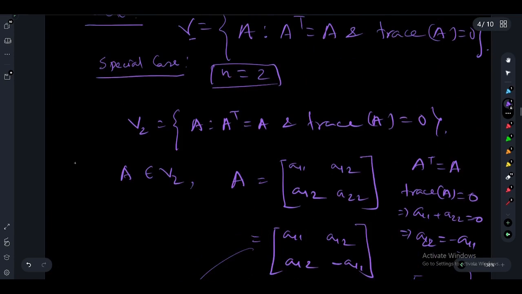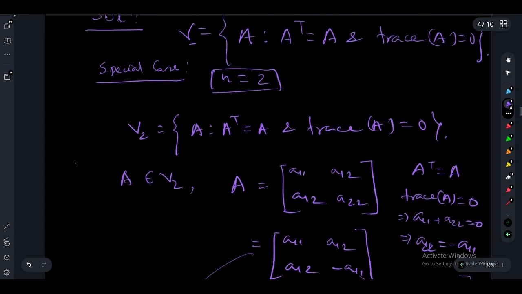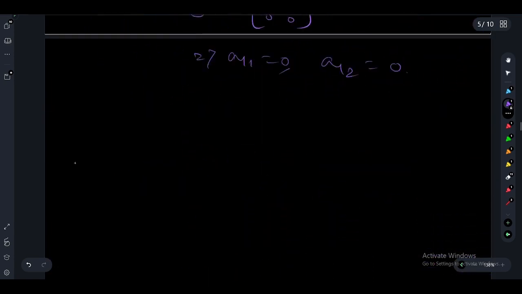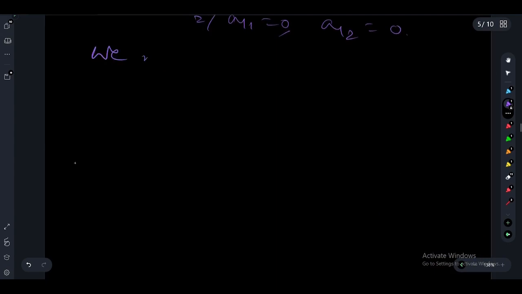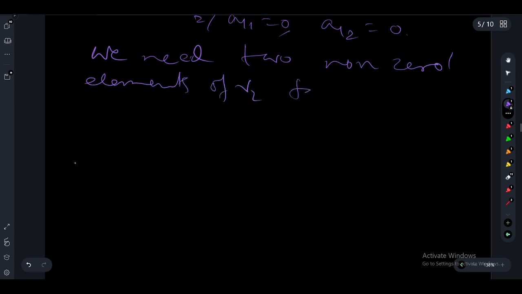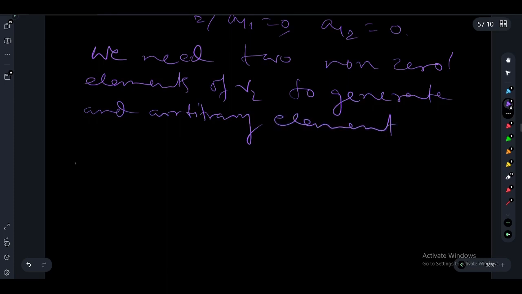In that case we can say that we need two non-zero elements of V2 to generate an arbitrary element of V2. So we can say the dimension of V2 equals 2.